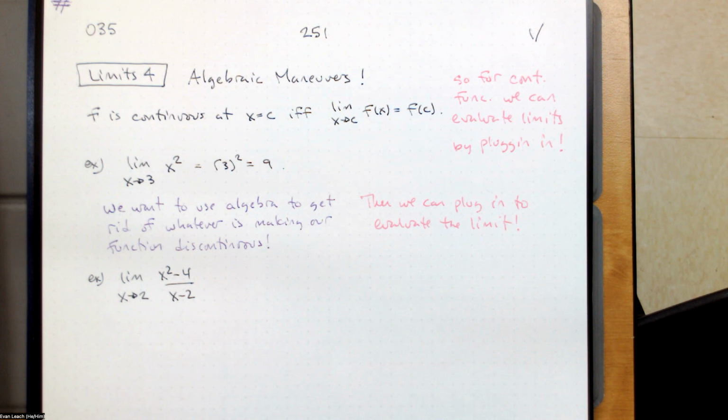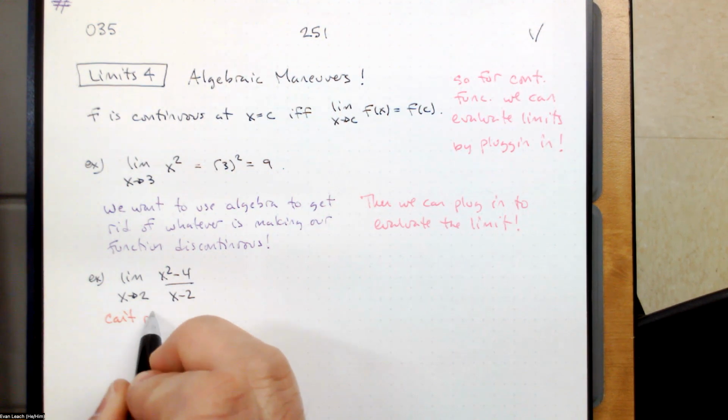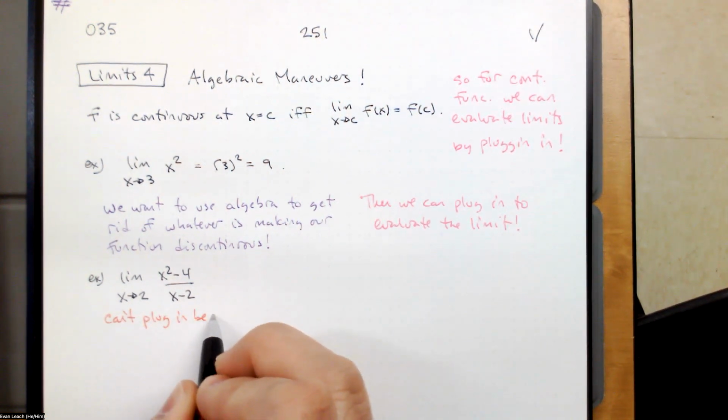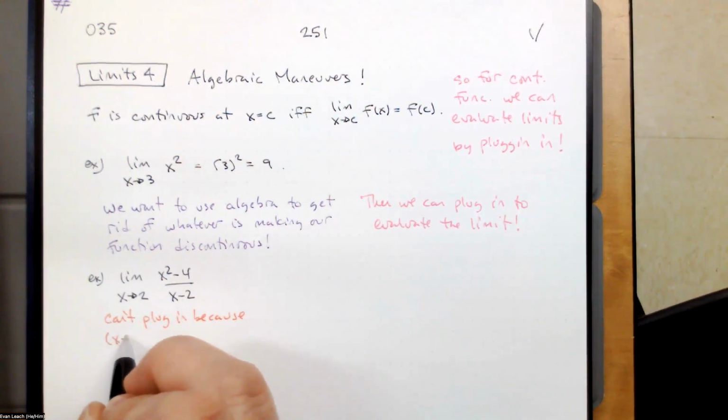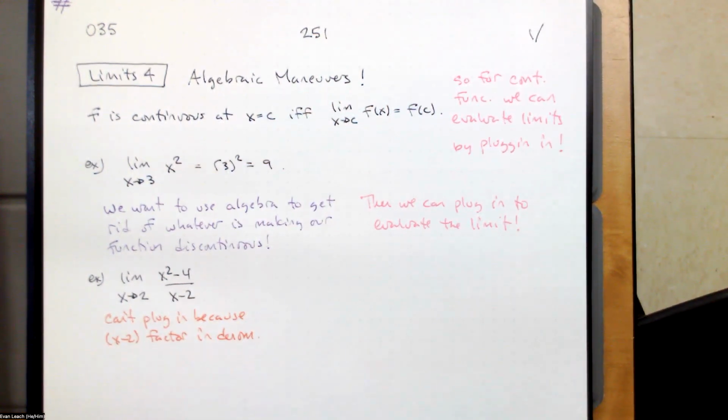So what we observe is this x minus 2 in the denominator is why we can't plug in. What we want to notice is that if I try to plug in 2, we get 0 over 0. 0 over 0 gives us hope. Constant over 0 is always going to be a problem, nothing we can do about it.